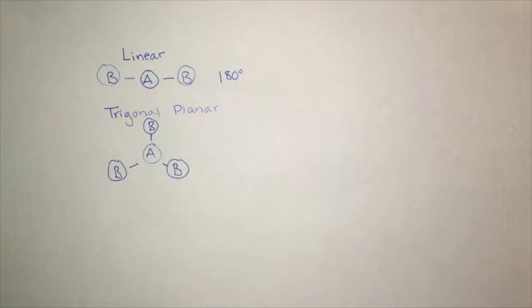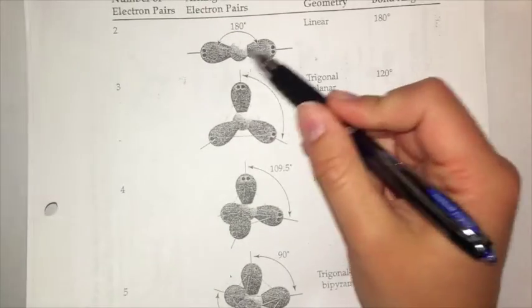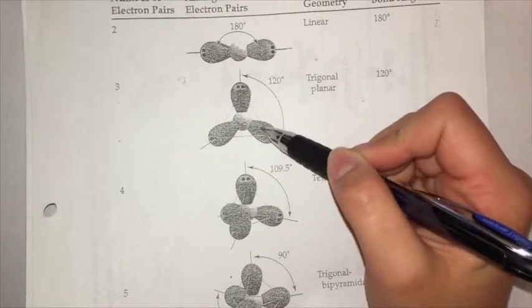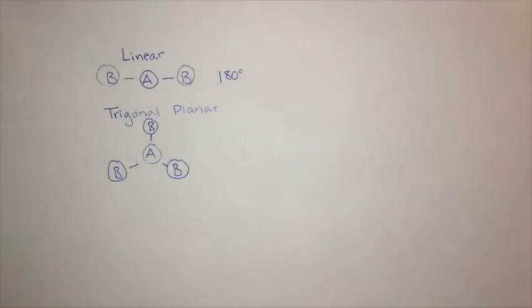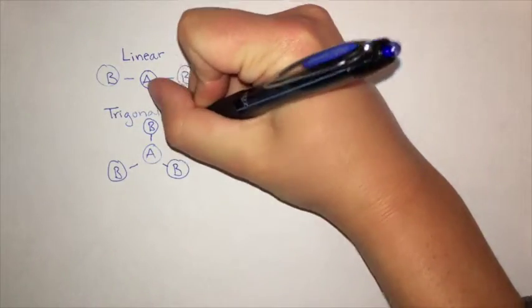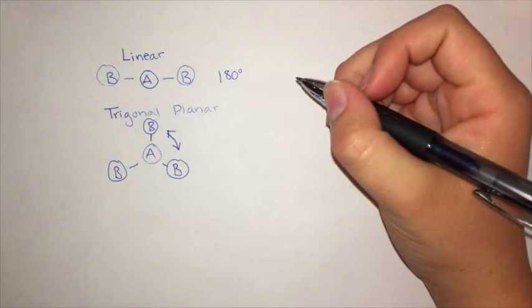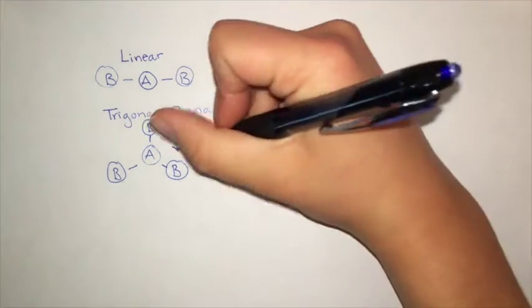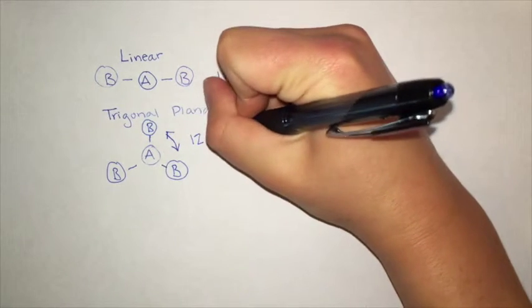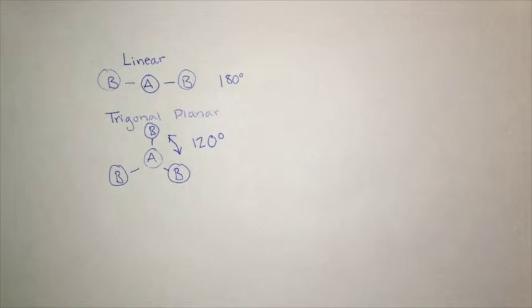So this is what a trigonal planar molecule looks like. Here's more of a 3D version of it right here, if you want to see what that looks like. The angle between these atoms and the center one is going to be 120 degrees. So that's what it is for a trigonal planar molecule.